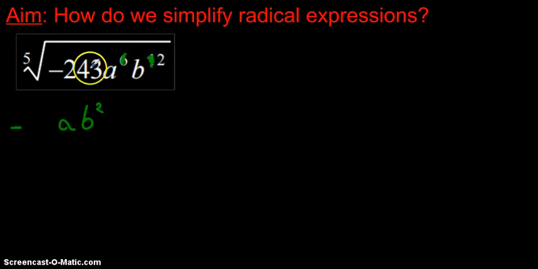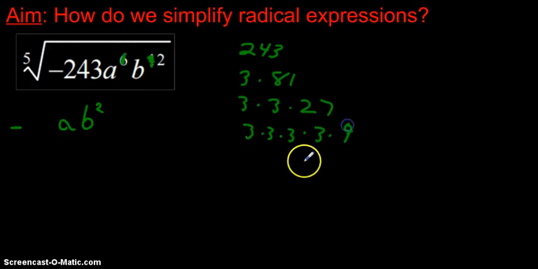Alright. So let's worry about 243, which I don't know the factors of off the top of my head. Does 3 go into here? 3 goes in here 81 times. So this is 3 times 81, which is 3 times 3 times 27, which is 3 times 3 times 3 times 3 times 9, which is 3 times 3 times 3 times 3 times 3 times 3.